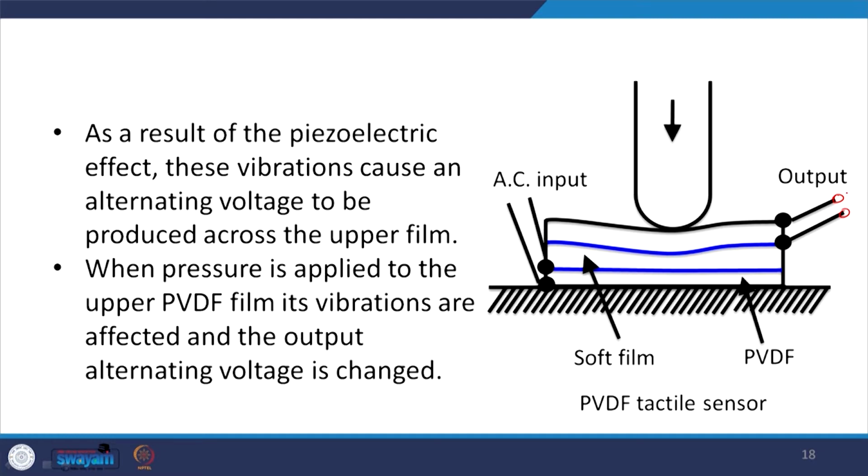When pressure is applied, say by a fingertip, to the upper PVDF film, its vibrations are affected and the output alternating current is changed, and that change is the sense that something has pressed the surface.